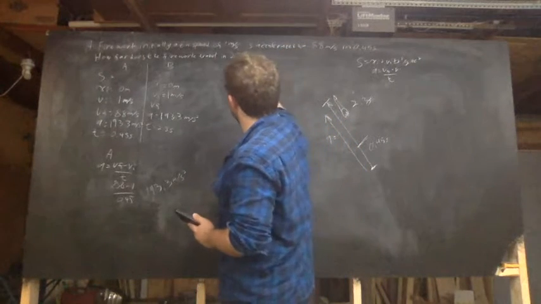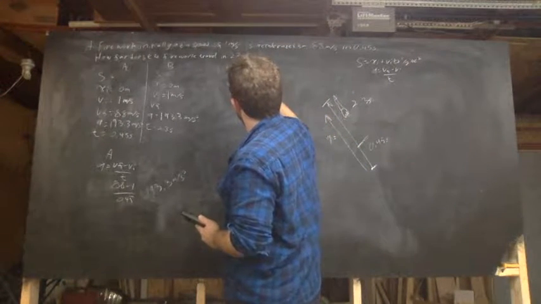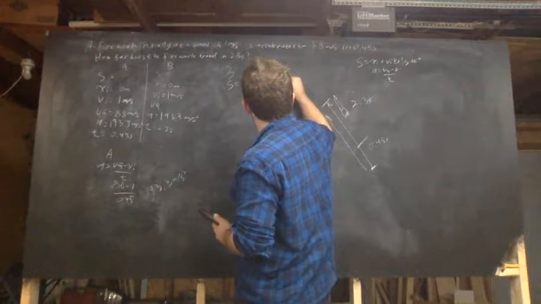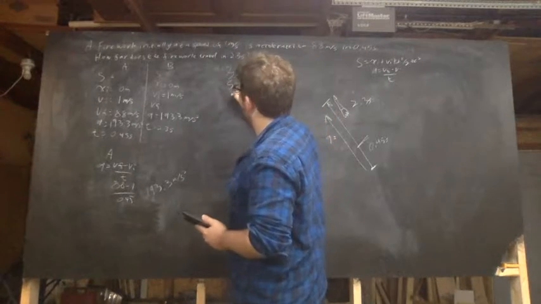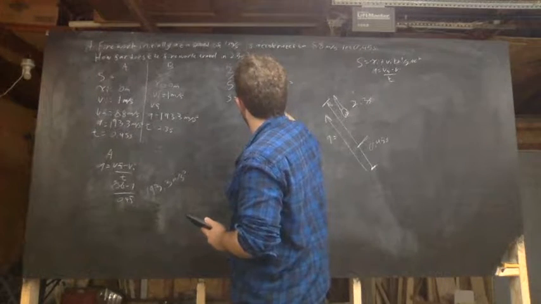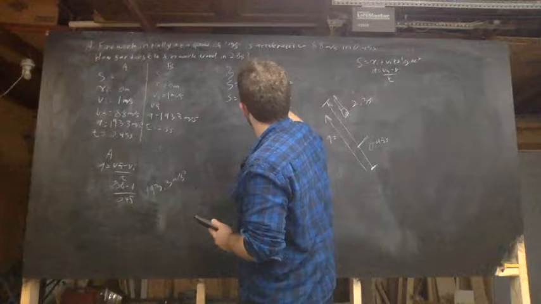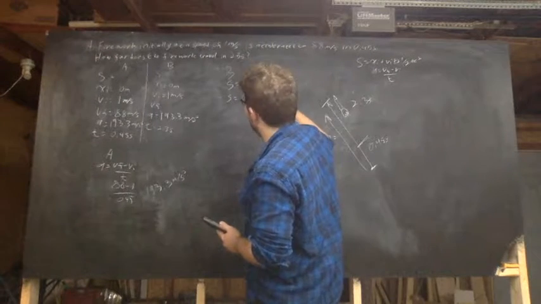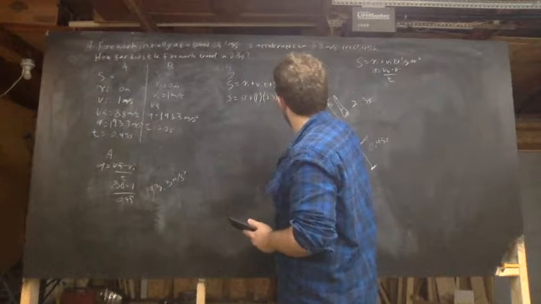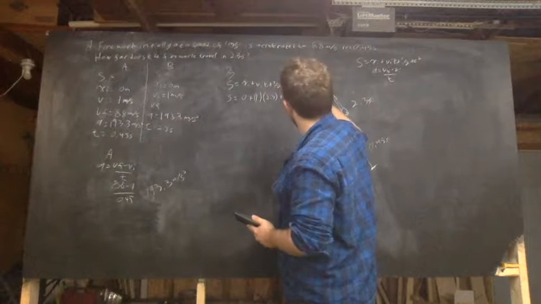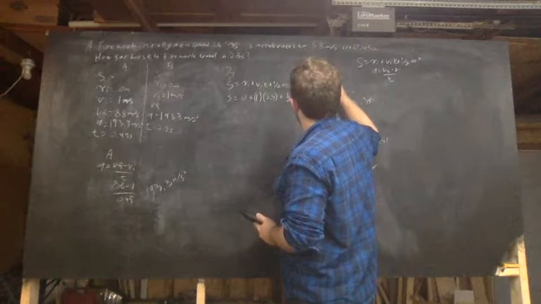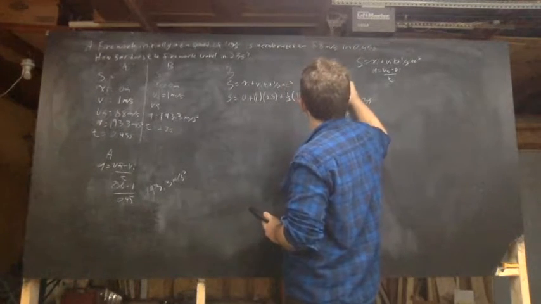So for part B, I've got s equals xi plus vit plus 1/2 at squared. s is the variable I'm looking for. xi is 0. vi is 1 times a time, 2.3, plus 1/2, and an acceleration of 193.3, and 2.3 squared.